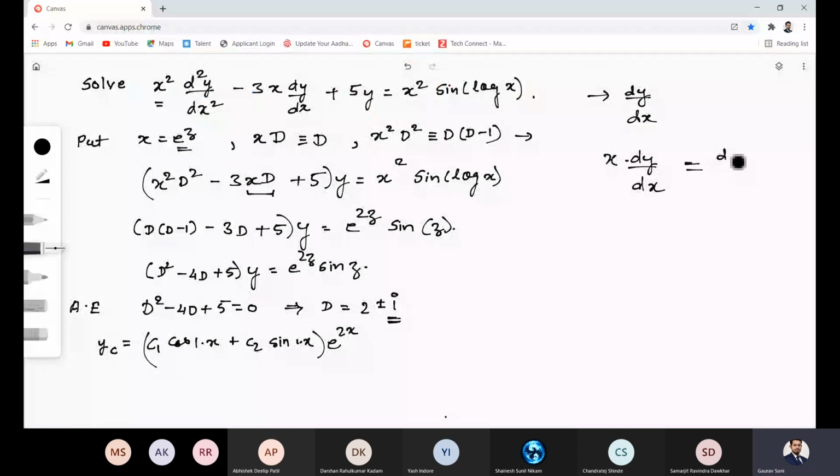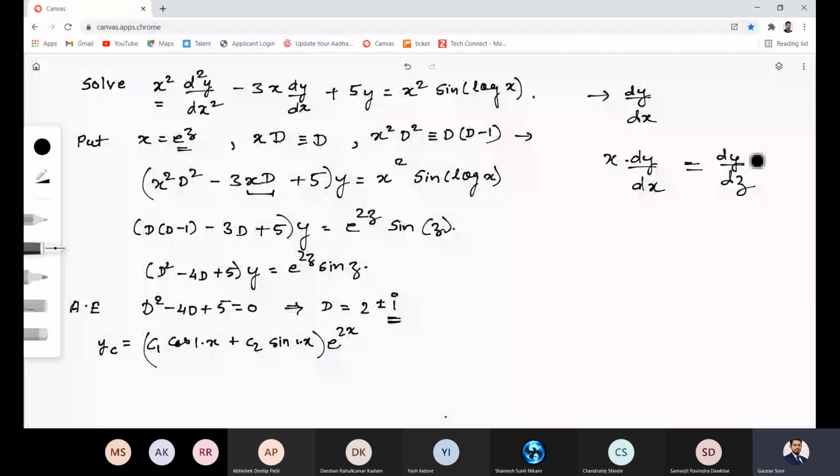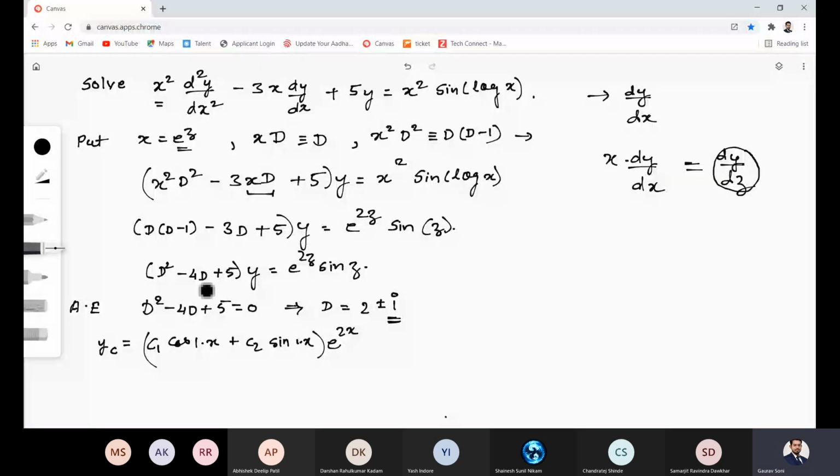So this is your new d. This d that has come here is the derivative with respect to z. x is not there anywhere. So should your solution have x or not, or if not, then what has to be there? If it is dy by dx, then you were writing c1 cos x plus c2 sin x.